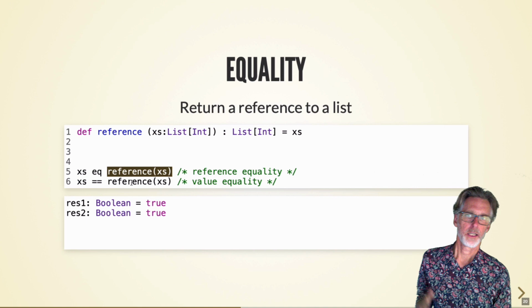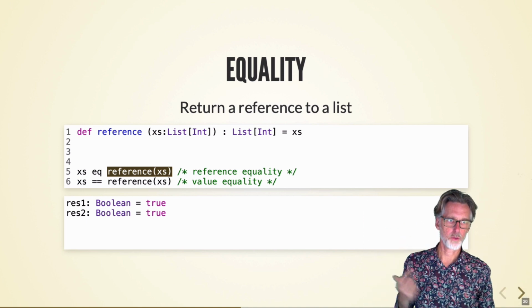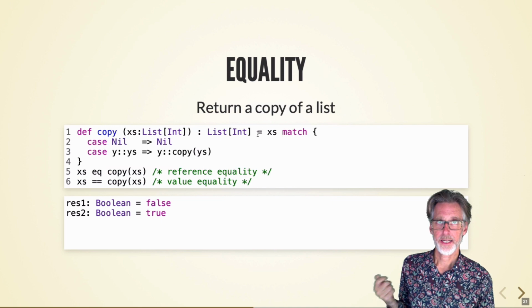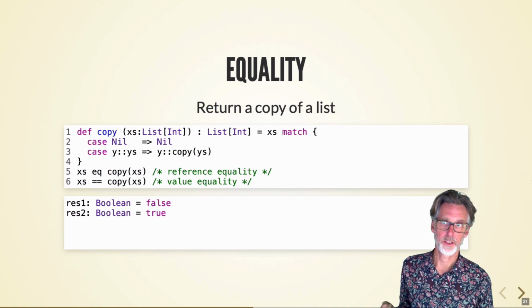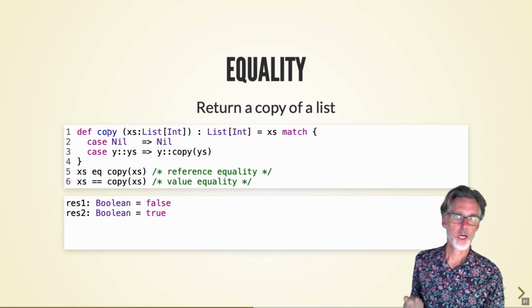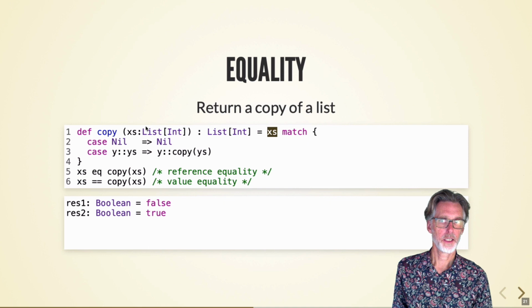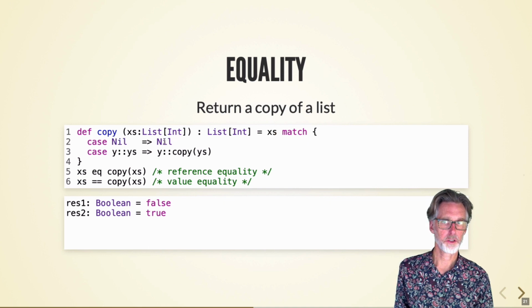Value equality checks to see that the value of the pointed-to object is the same. It's also possible to create a copy of a list, and I can do that with this simple function right here. This copy function will go through a list, and if the list is nil, return nil.